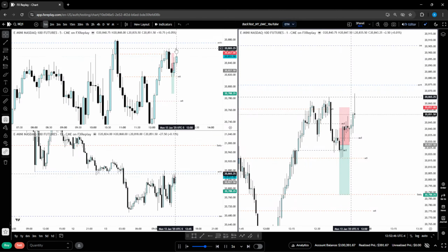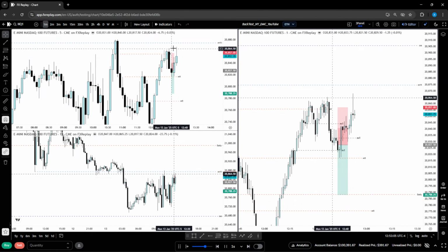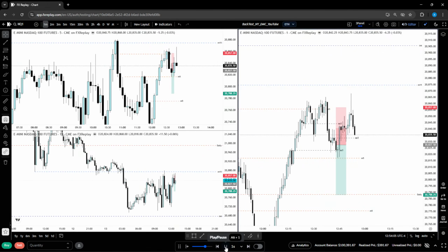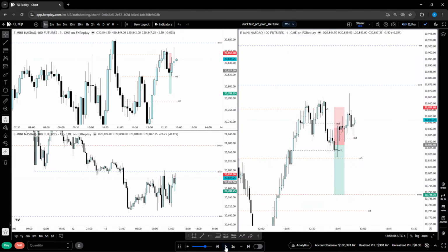Let's see if the 5 minute can close above. So the 5 minute did not close above.